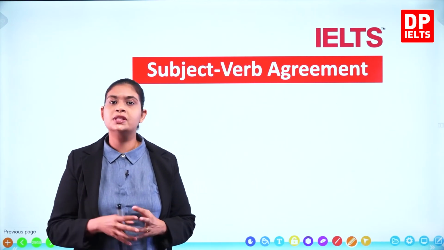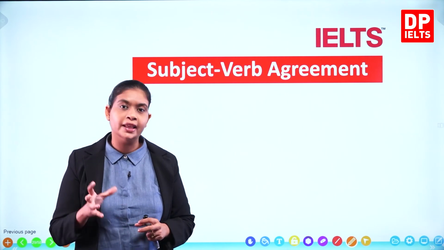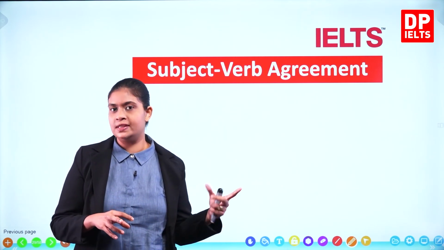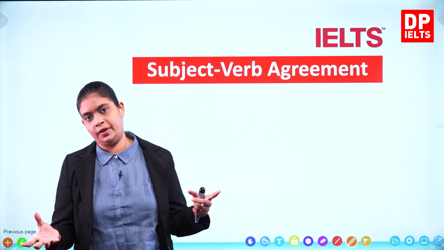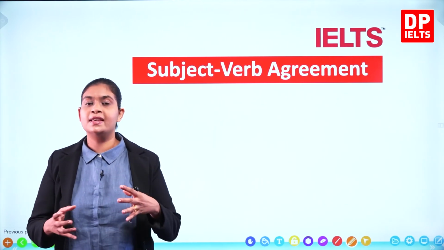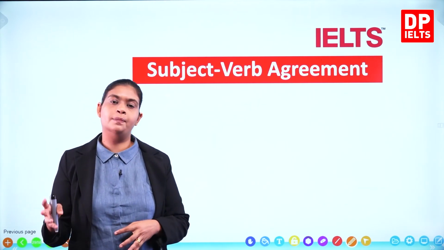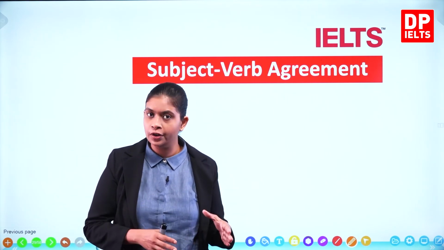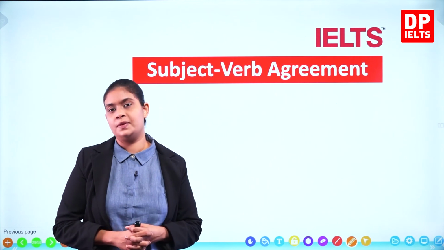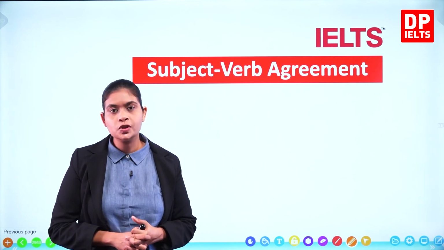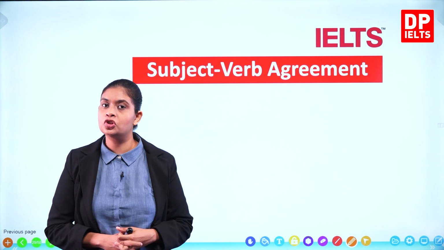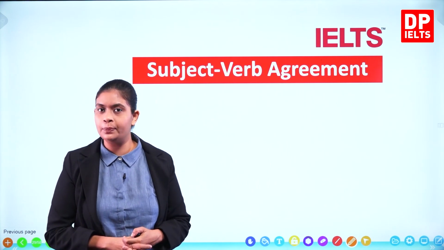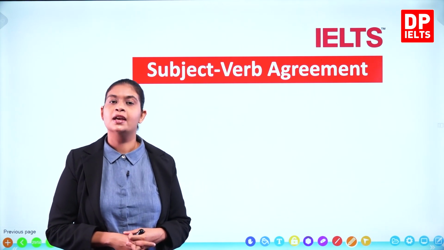But if you take collective nouns, then it could either be singular or plural. If you take them as individuals, the verb becomes plural. If you take them collectively as one group, then the verb is singular. Also, we had a look at words that don't change with the S form like people, cattle, right?